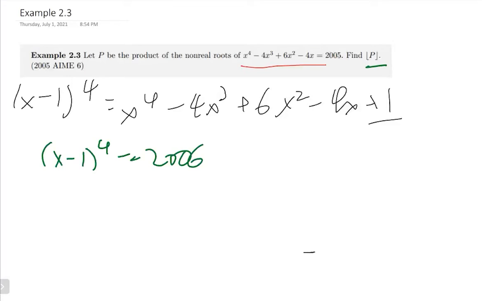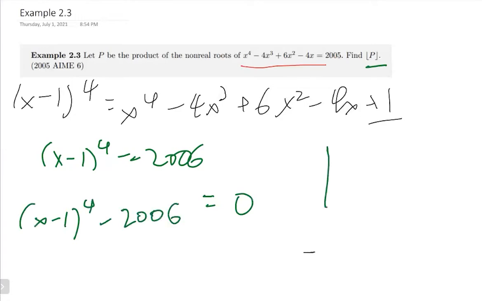Actually, let's do this method. Let's subtract 2006 from both sides, right? So you can get x minus 1 to the fourth minus 2006 is equal to 0.